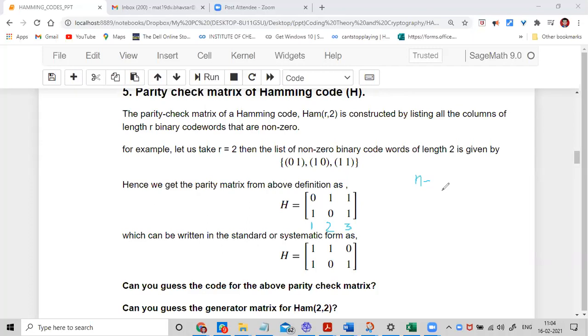Is it okay, Dhruv? Yes. So we need to now answer this question. What we are saying is that not for just one n, for any given n, we are constructing an infinite family of linear codes.